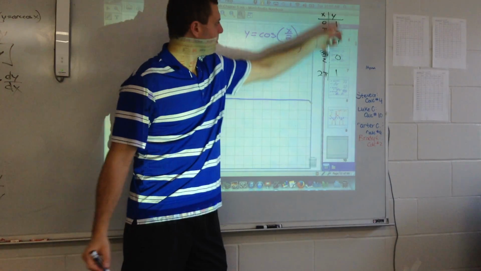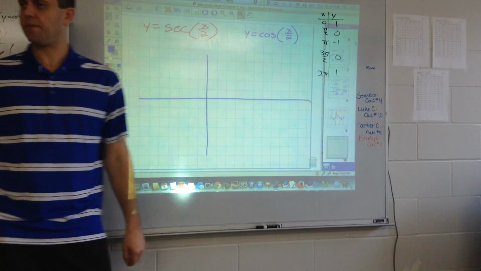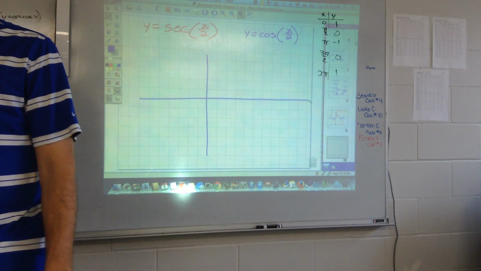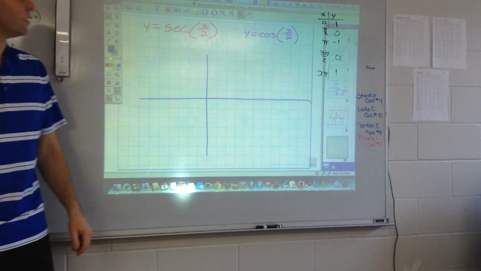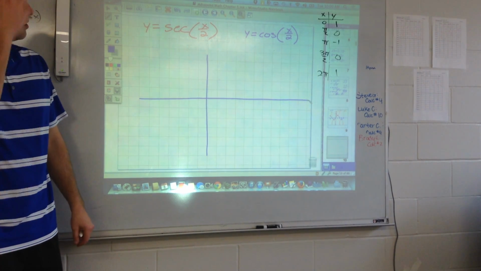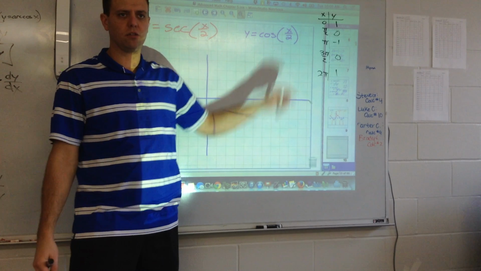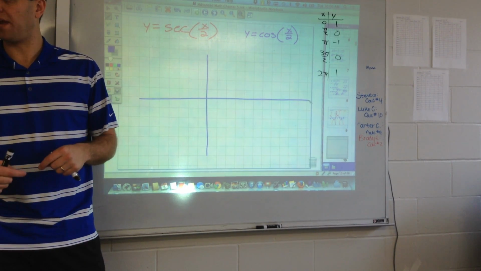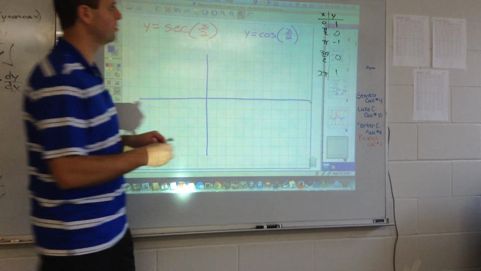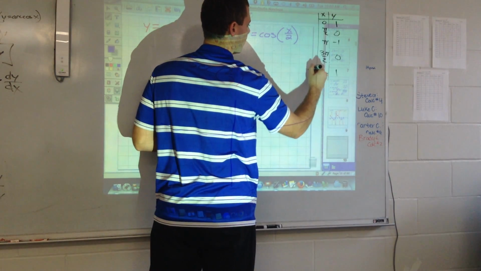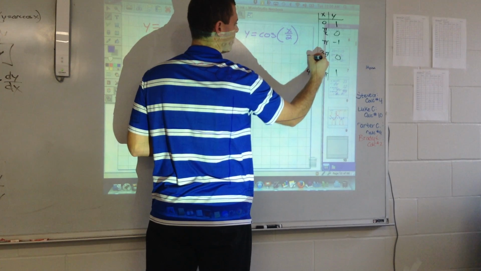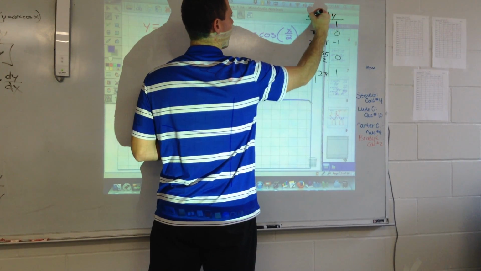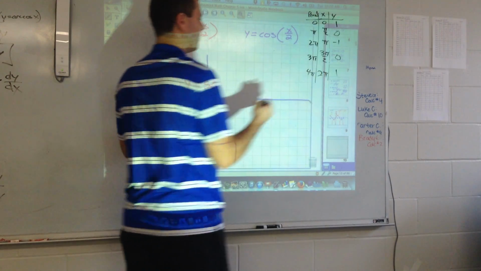Do we need to change the amplitude or the y value at all? No. What do we need to do to the x values? Take them times 2, because your b value is 1/2, right? So 2 pi divided by 1/2 is like multiplying by 2. So all these are going to multiply by 2. That's the new period.